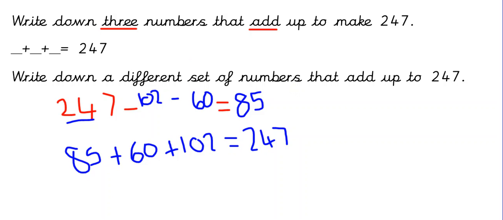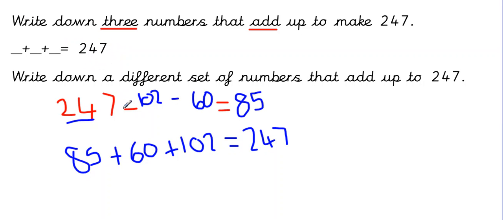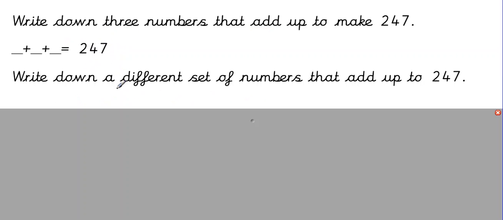Okay? So what I would like you to do now is have a go at that. It's the same number. So you've got to write down three numbers that add together to make 247. And I'd like you to see if you can find two ways of doing it. Okay? So I've done one there. Okay, so I've got 85, 60 and 102. I want you to see if you can find two ways.